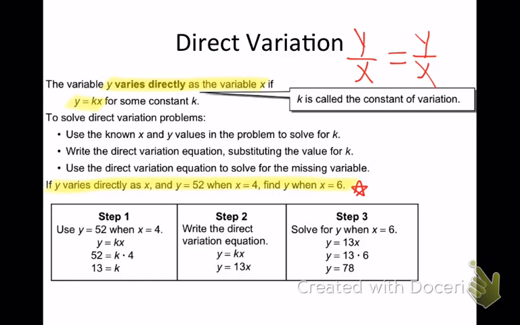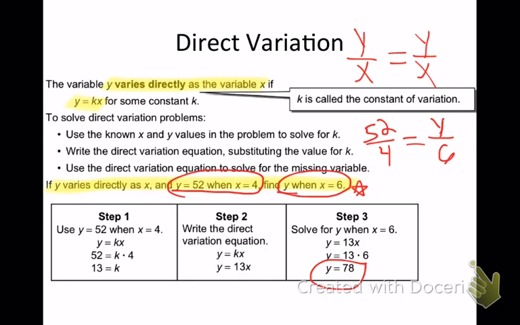So y equals 52 and x equals 4, 52 over 4 equals, find y when x equals 6, y over 6. Then I can use cross products and solve, and when I do that, I get y equals 78. Guess what? That was our warm-up problem. It was just set up for you already. So you've already actually solved this problem without even knowing it.